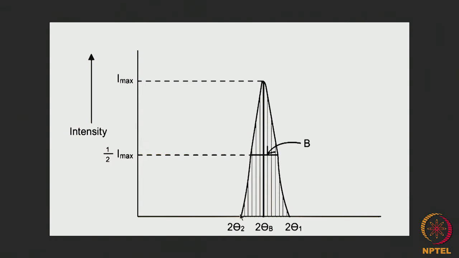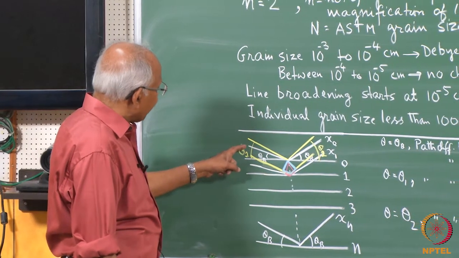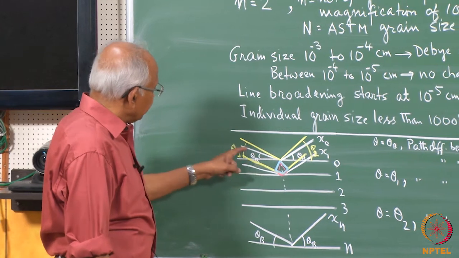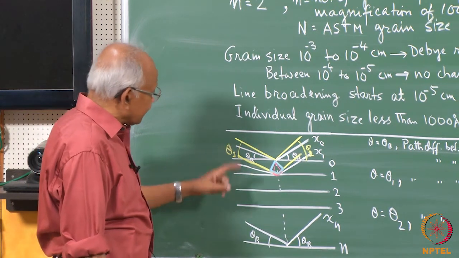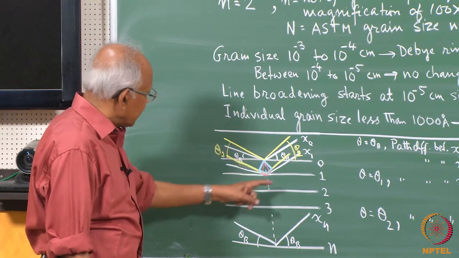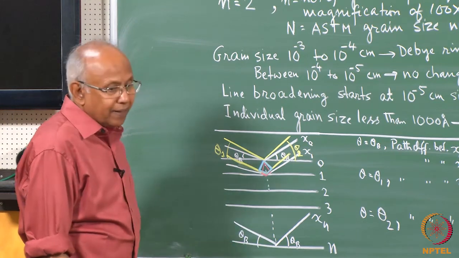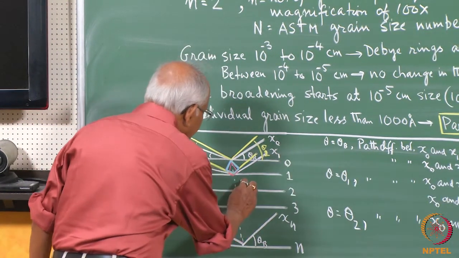Now, say for example, in this particular case we have the Bragg equation satisfied when the incident radiation falls at the correct angle theta b. This is the d value, the interplanar distance.